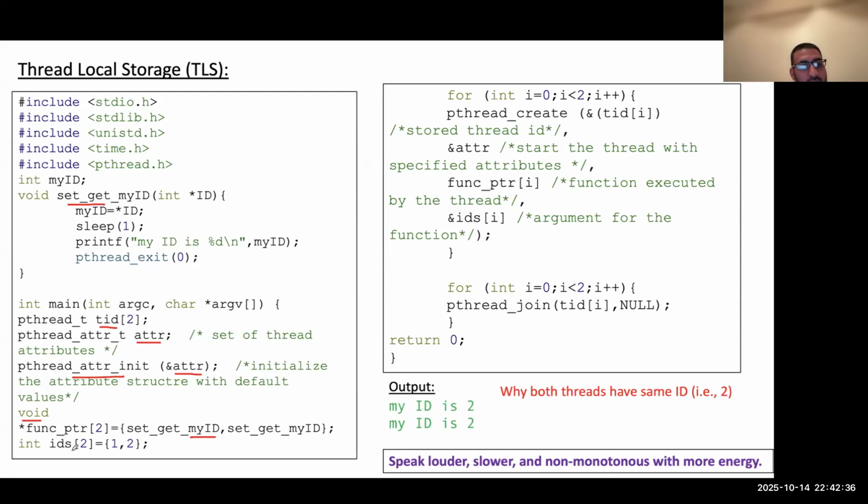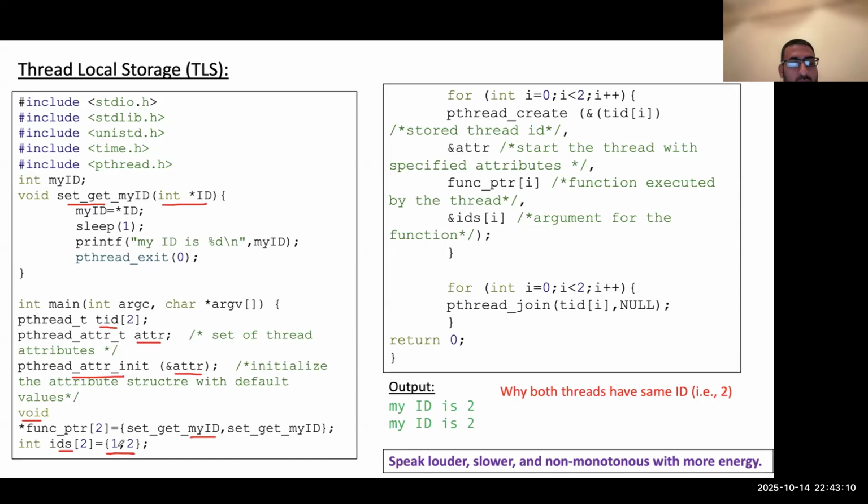Then this IDs array, which we will use to pass as a parameter to the function. If you look at the function set_get_my_id, it is receiving a pointer of type integer, the ID. We want to pass the addresses of these elements of the array when the threads call the function set_get_my_id.